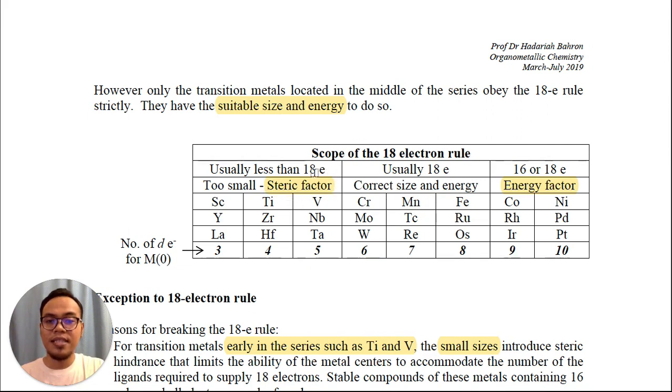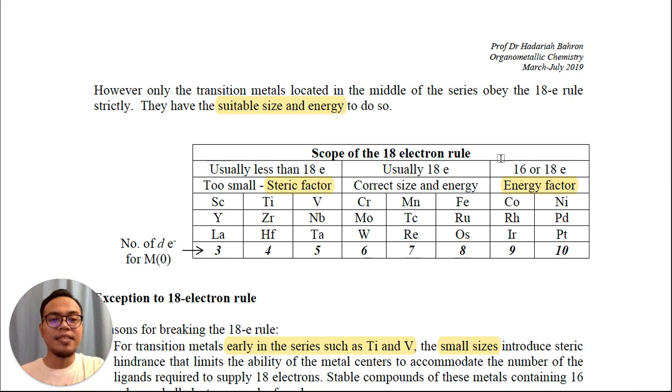This steric factor is induced when the size of your metal atom is too small. So early transition metals do not obey the 18 electron rule because the size is too small, inducing a steric factor. You cannot add more ligands to the metal due to this small size.